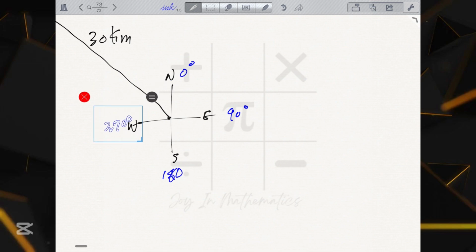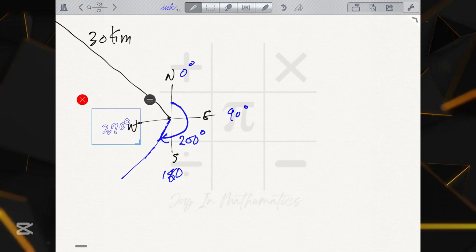Okay, so once it turns, that means we are moving from 0 degrees down to this point, which is just immediately after 180 degrees. So we call this bearing, starting from 0 to 200 degrees. Let's erase this.